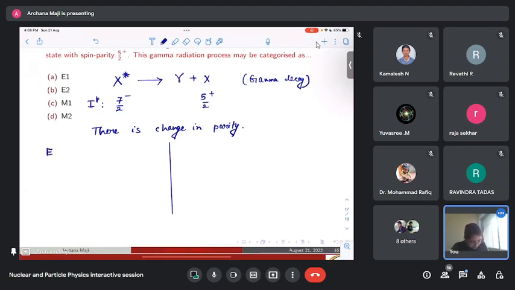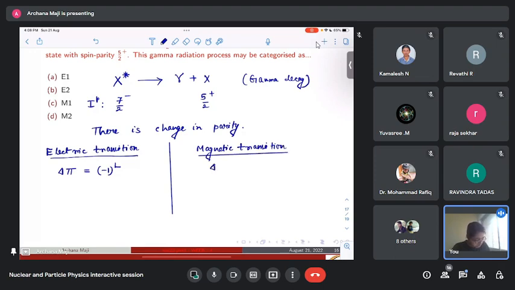If it is an electric transition, then we know that the change in parity, which was denoted as delta pi in the lecture, is minus 1 to the power L. If it is a magnetic transition, then delta pi is equal to minus 1 to the power L plus 1.